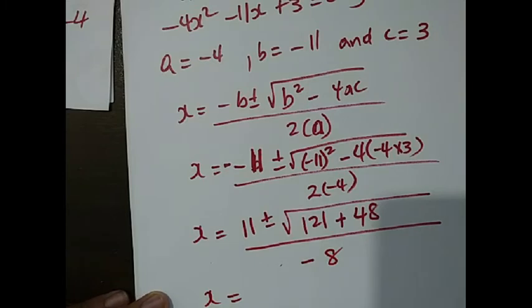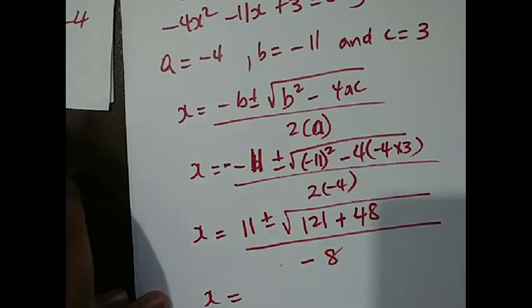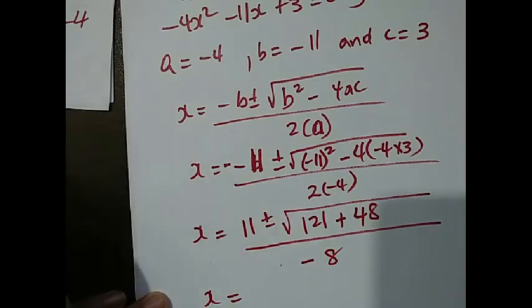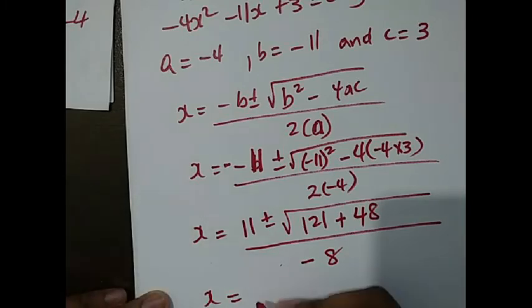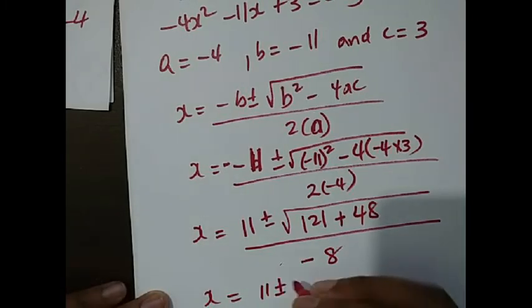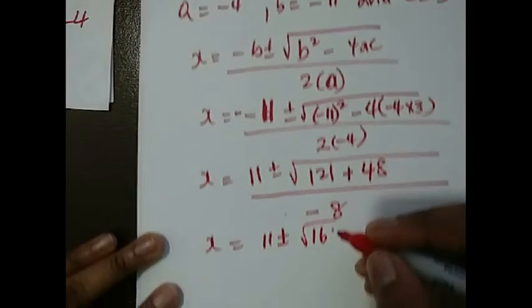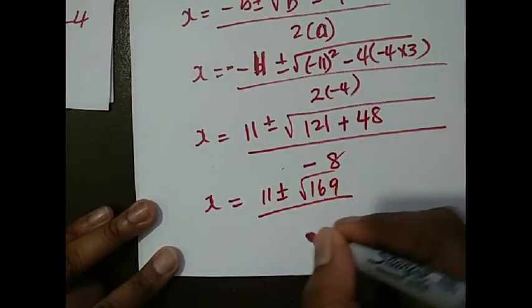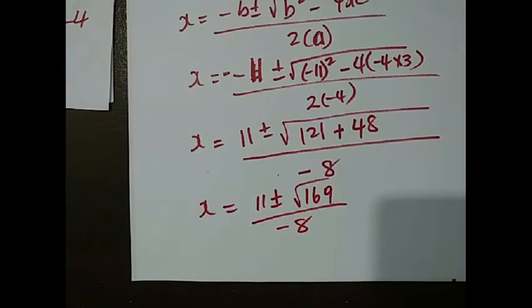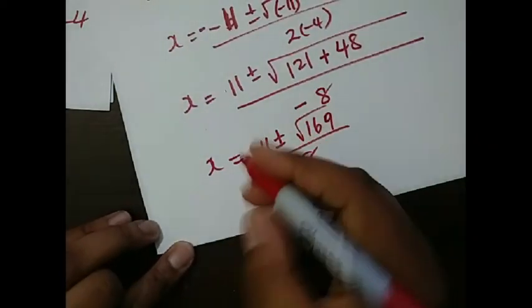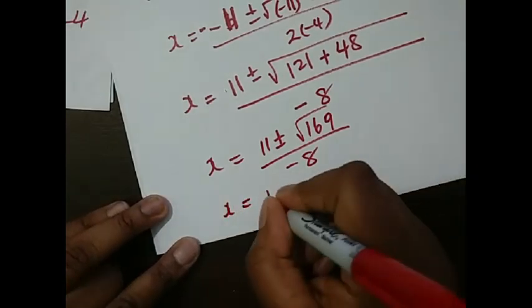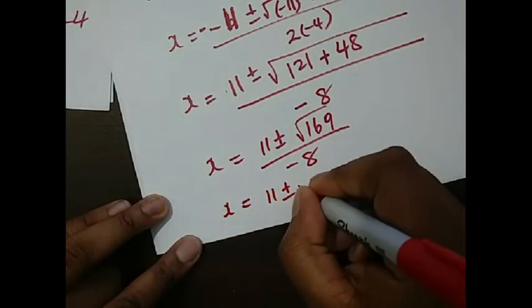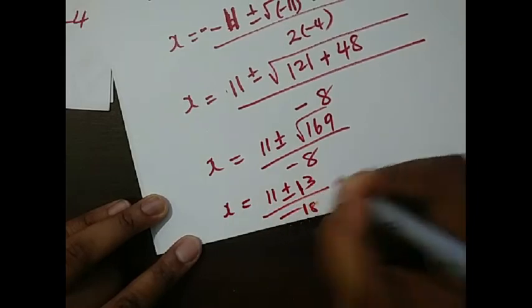So x is now equal to 11 plus and minus the square root of 121 plus 48, which is 169, over negative 8. The square root of 169 is 13. So we have x is equal to 11 plus and minus 13 over negative 8.